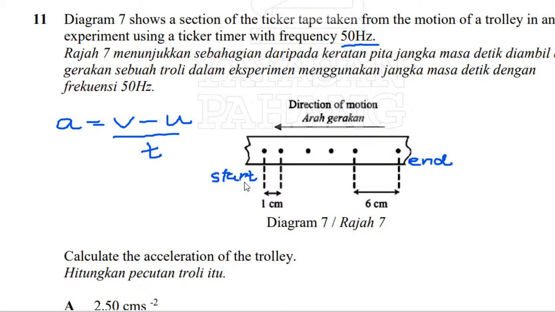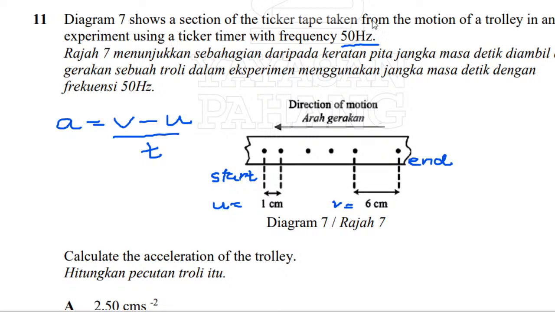To determine the initial velocity, you look at the start. So here, can determine initial velocity, and then the final velocity here. The formula for velocity is displacement over time. What is the time taken?